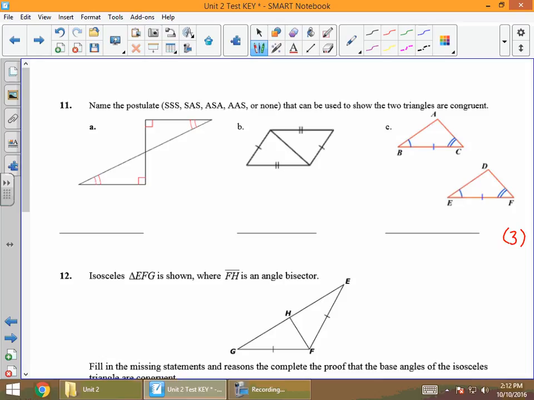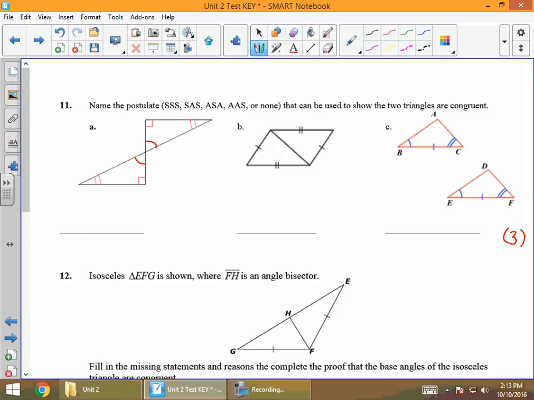Remember, in order to have congruence, we need a minimum of one side has to be congruent. Otherwise, I don't know how big they are. So as I look at part A, I see that I have 2 90-degree angles, so those angles are congruent. I see that my angles down in the corner, bottom left and top right, they are marked to be congruent. And these are bow tie triangles, so I also have this angle here in the middle that's going to be congruent.